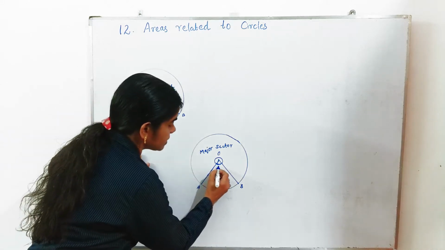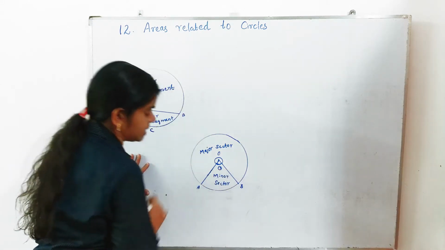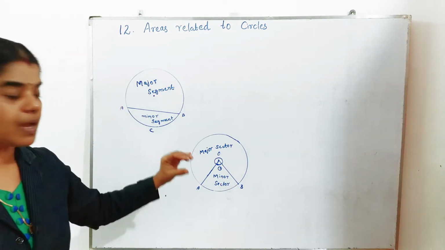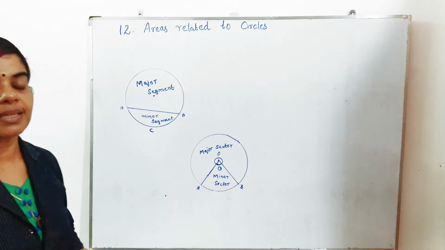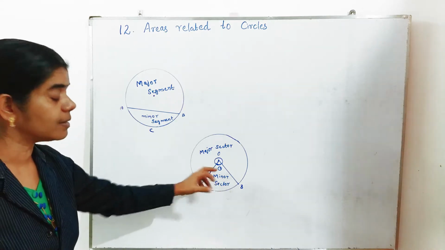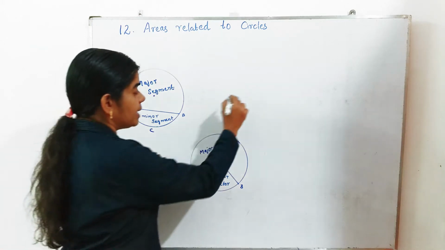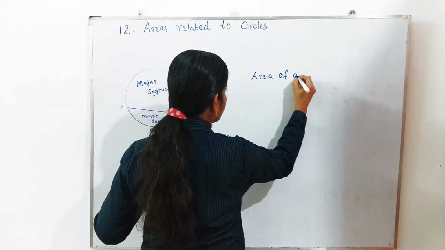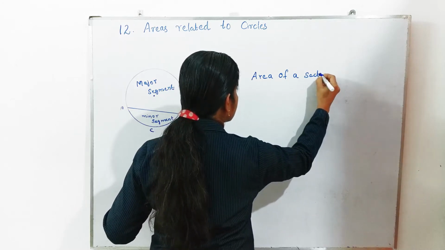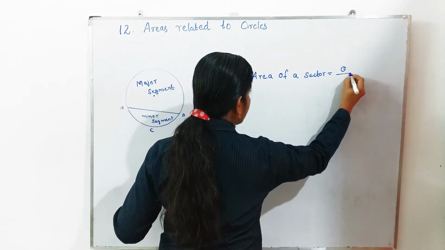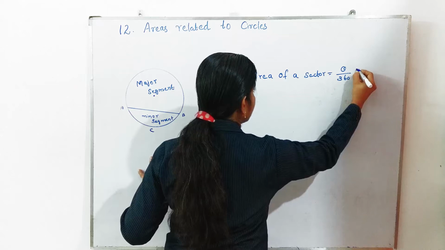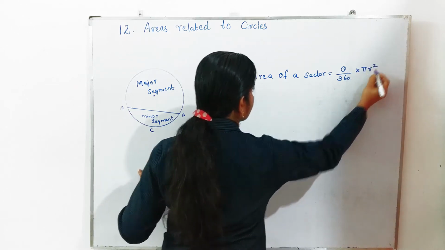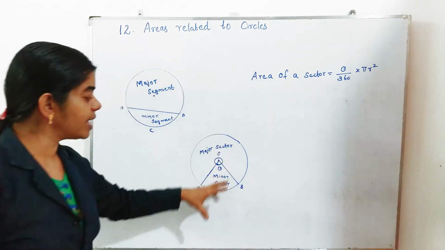If you know this angle theta, we are going to find the area of this minor sector. At that time we want to know this angle also. So, the area of a sector is equal to theta by 360 into pi r square. That will be the area of the sector.